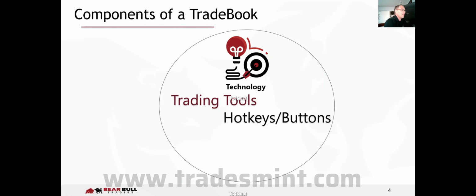These should be identified. The hotkeys and hot buttons inside your trade book should be identified if they provide you with assistance in executing your trades. So for example, for me, I enjoy taking high of day breaks.